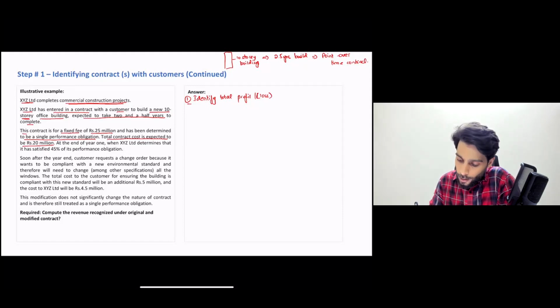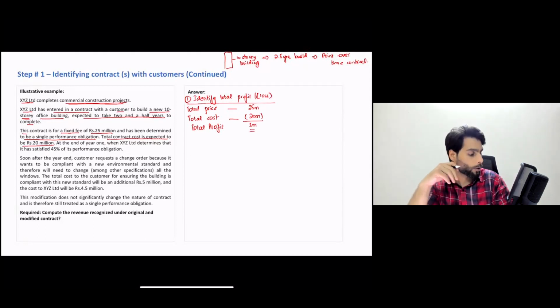The total contract price is 25 million. The total contract cost is 20 million. So is the contract profitable? Yes, it has a total profit of 5 million. So the contract is basically a profit making contract. Done.